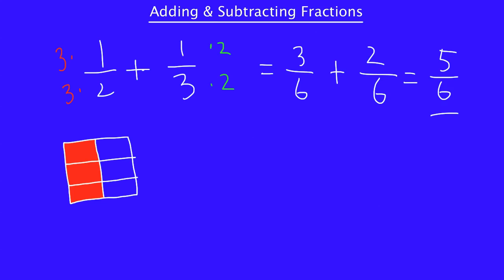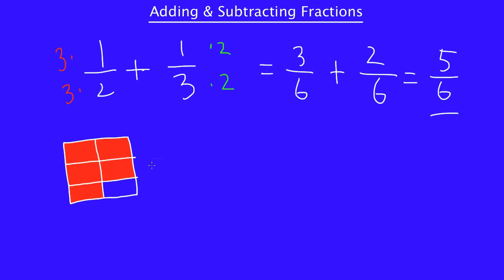And so since this one's already shaded in, I'm going to shade this piece in and that piece in, because 2 pieces equals 1/3. And well, what do you know? Look at this: 1, 2, 3, 4, 5 out of 1, 2, 3, 4, 5, 6.